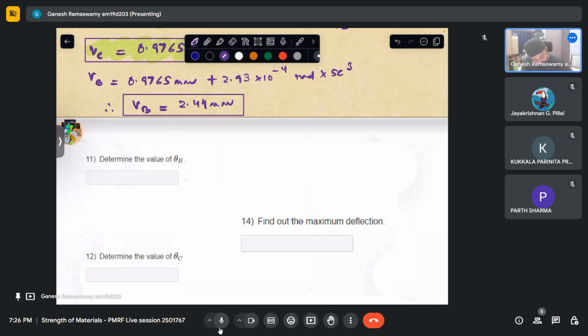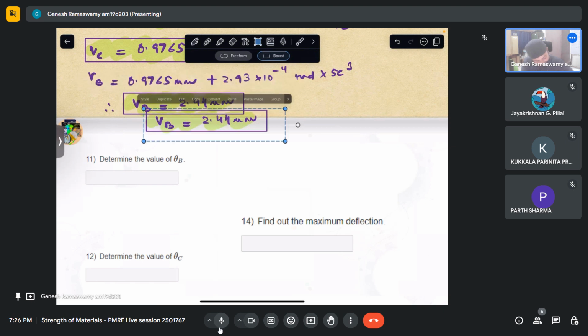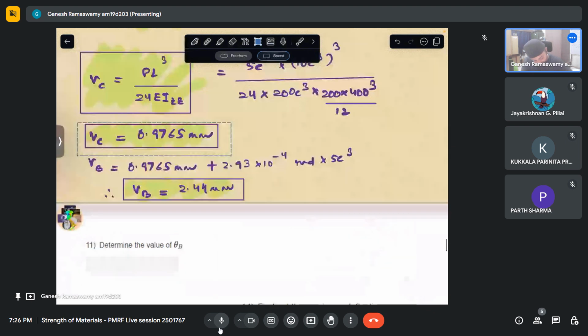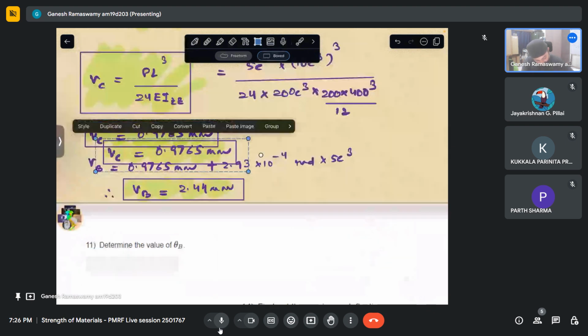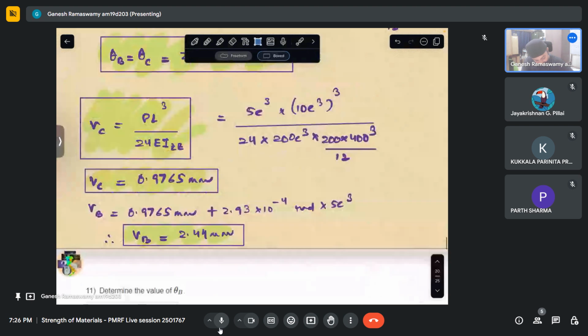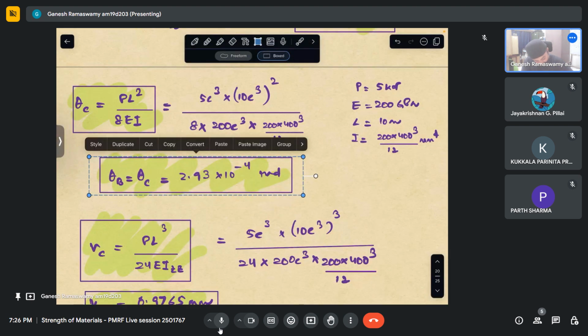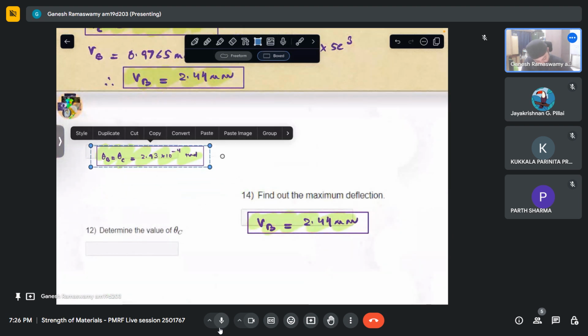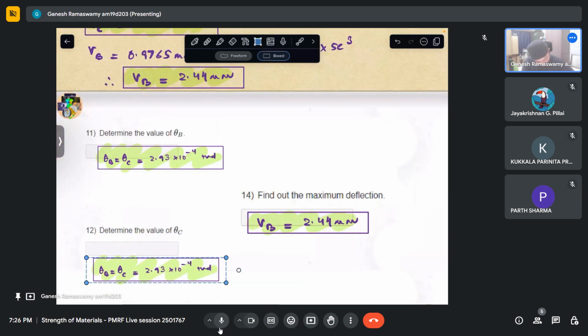So I hope this is clear. This is the maximum deflection. This is V at C. And then we have this.